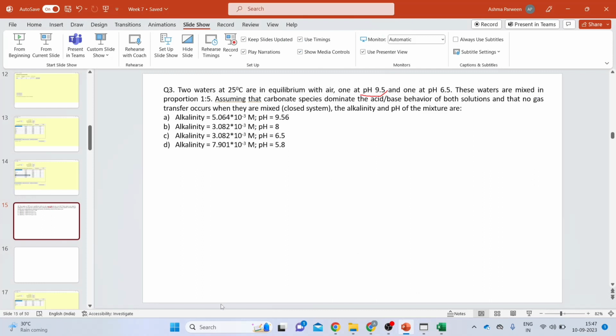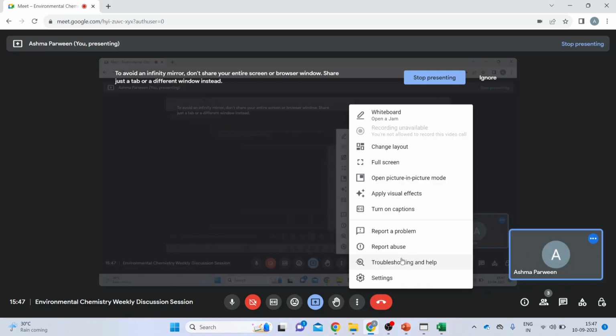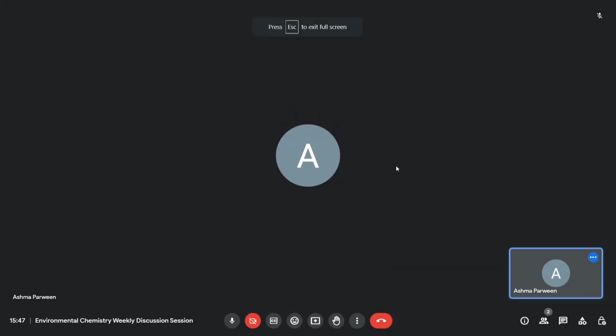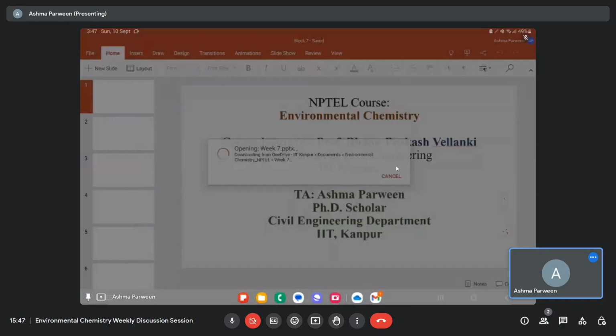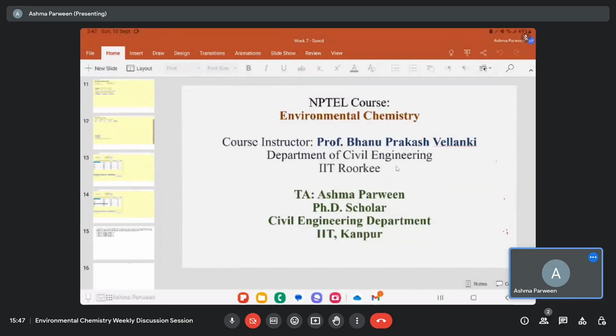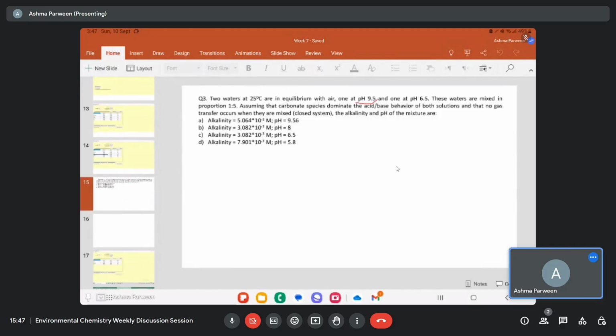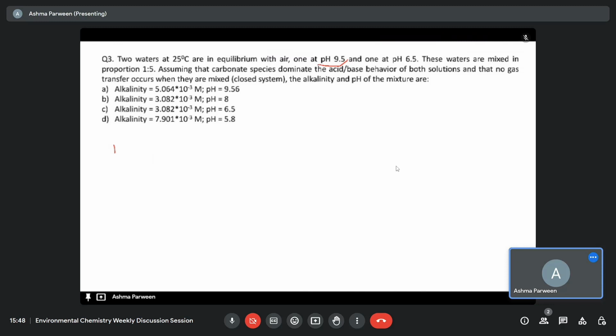So let's go back to our slide. Let me share my second screen because it is very difficult to write in this one. So we have pH 9.5.